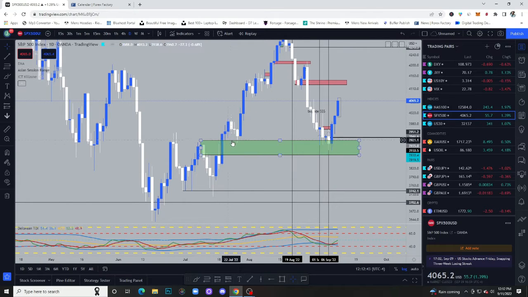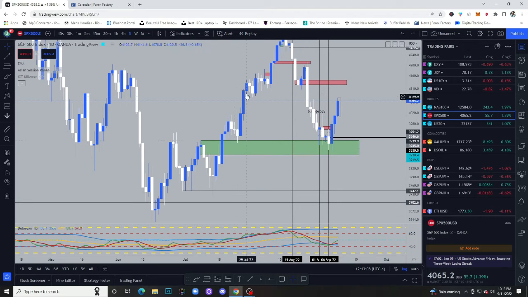But the reason why I like using breaker blocks is because these are areas that price is likely to retest, or the market is likely to reprice to, and then possibly take off and head higher. As you can see, that's exactly what happened here.